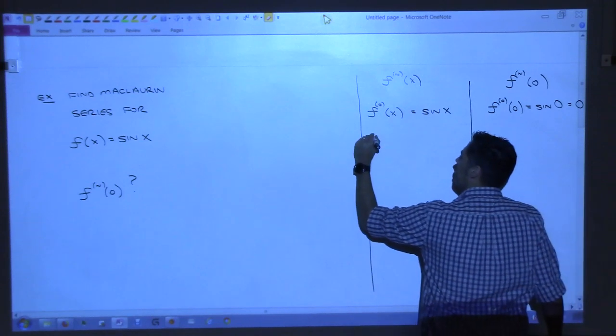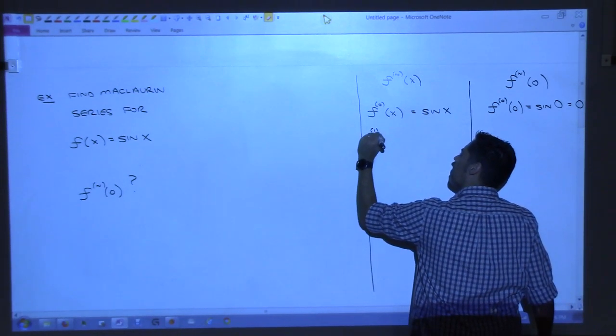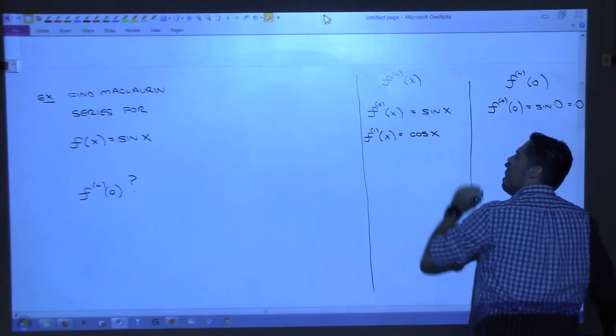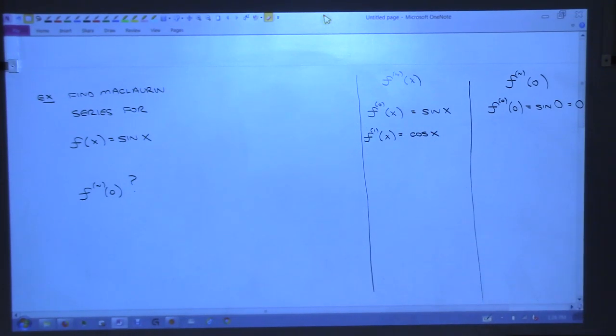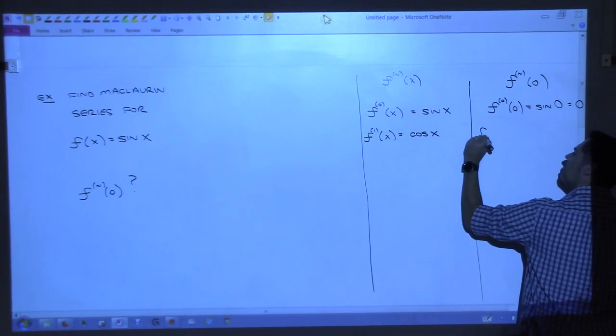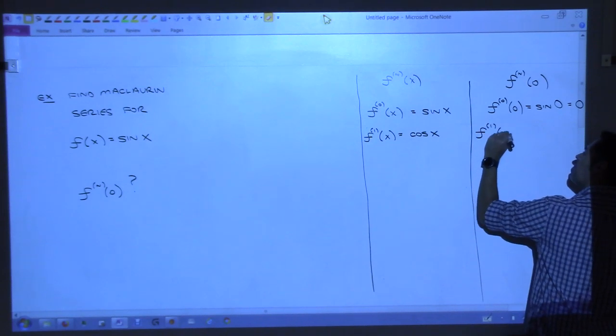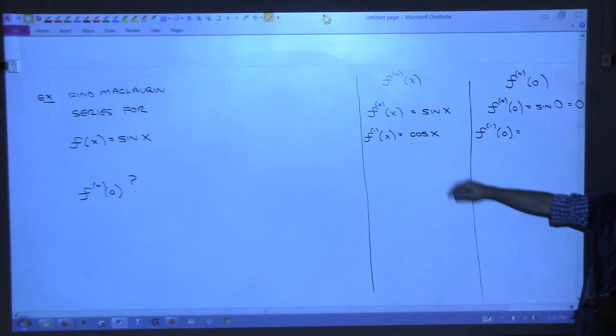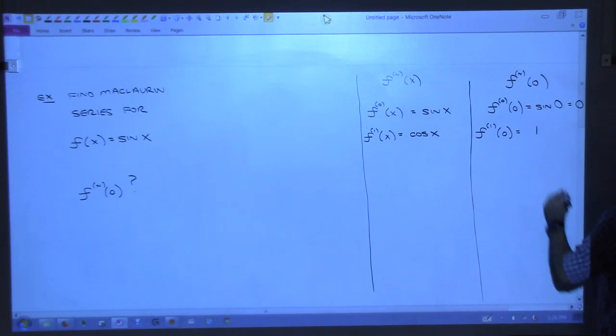Now, first derivative. What's the first derivative of sine? Cosine x. Now, what's the first derivative at 0? So what's cosine of 0? 1. Okay?